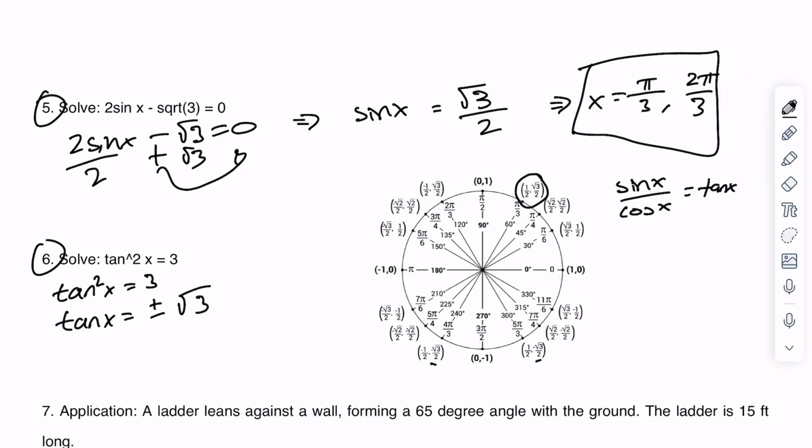So that's going to be x equals pi over 3, 2 pi over 3, because it's plus or minus also, so it doesn't matter if this is a negative in the denominator. 4 pi over 3, and 5 pi over 3.